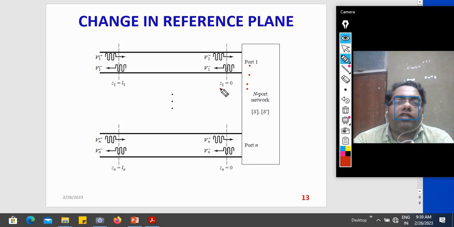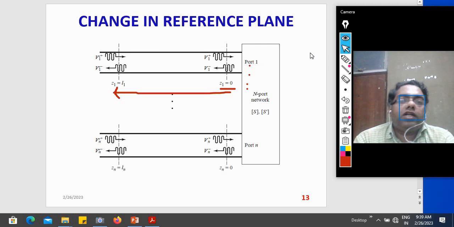One at Z1 equal to 0, and for the N ports Zn equal to 0 as one plane, and another plane at a distance of L1. So with respect to the 0 reference, this is at length L1, Z1, Z2, Z3 up to Zn. Like this we are considering.